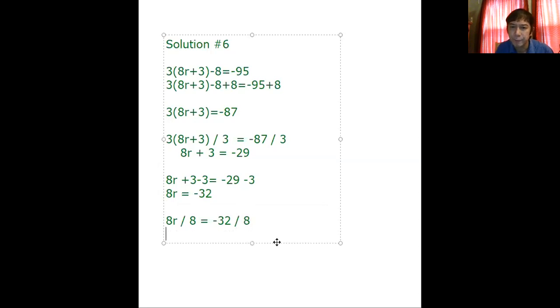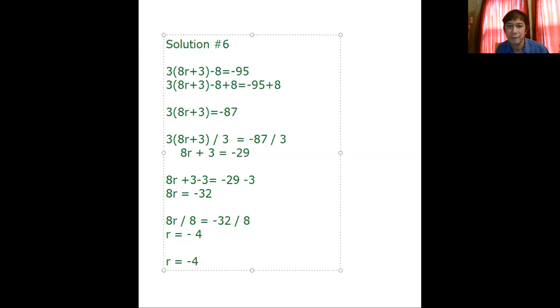There. And so we will have the left side simply R. 8R divided by 8, the 8 cancels out to 1. 1 times R simply gives R. And then negative 32 divided by 8 is a negative result, which happens to be 4. So the final answer is R equals negative 4.